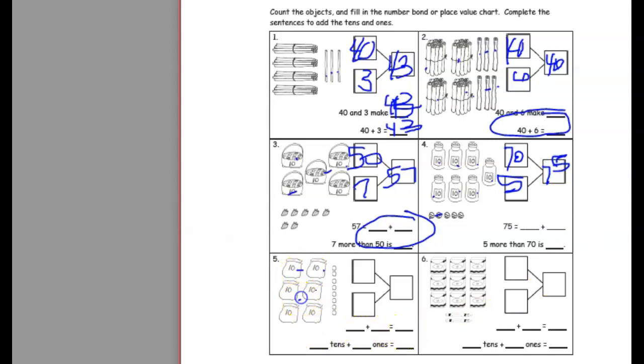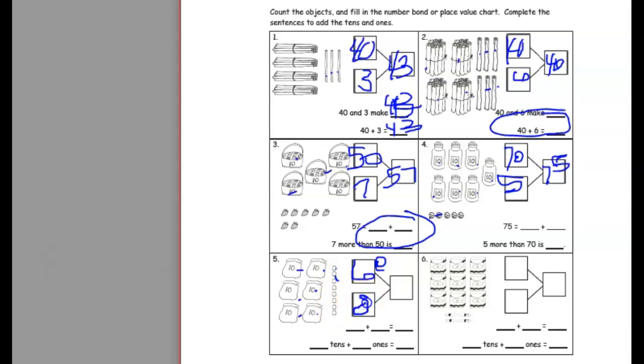1, 2, 3, 4, 5, 6 tens is what number? 60. And how many loose peas are these? 6, 7, 8.